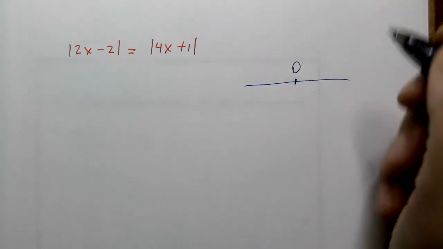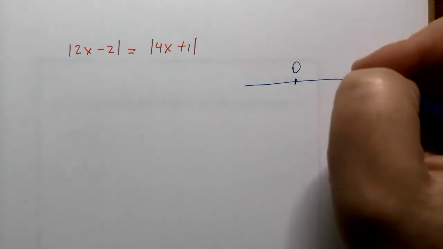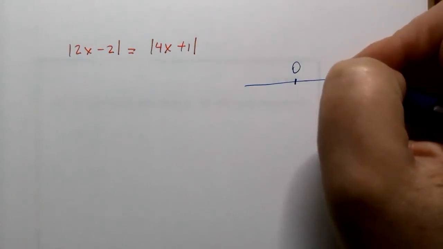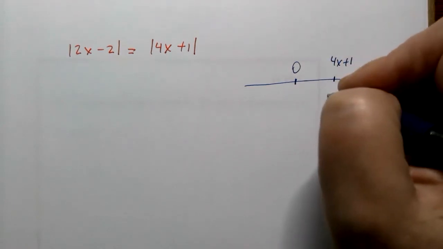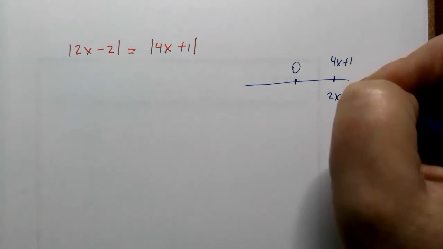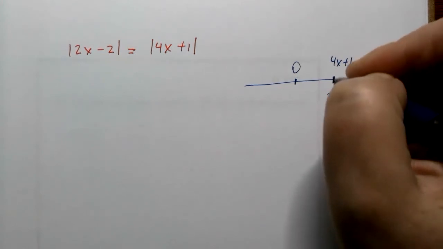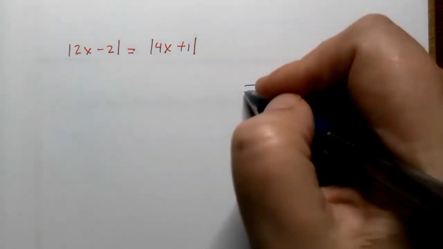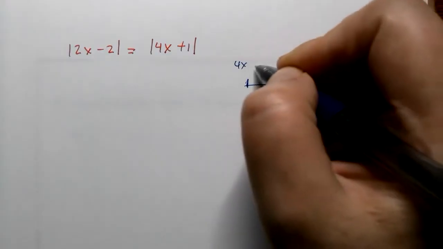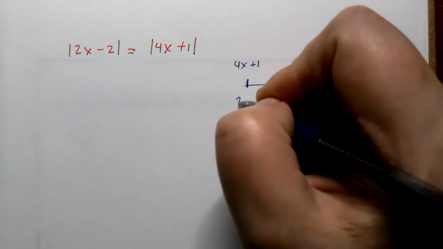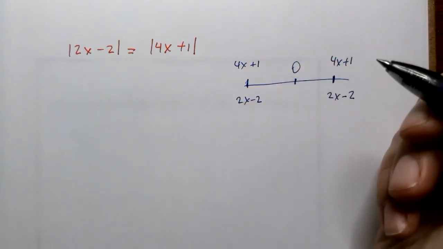Here we have 0, right? So they're either on the same side, let's say 4x plus 1 here, and 2x minus 2 also here. They both could be on the other side, 4x plus 1 and 2x minus 2 also.